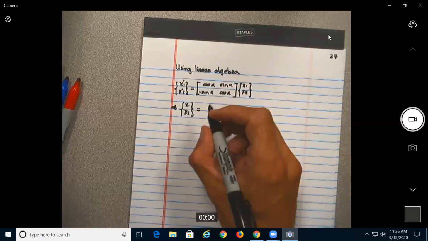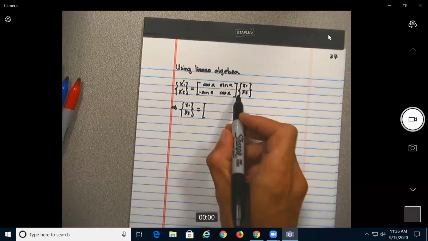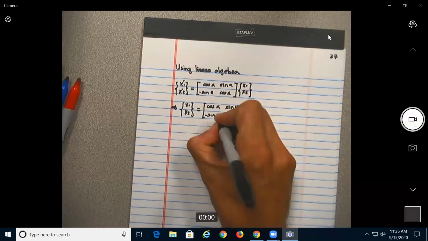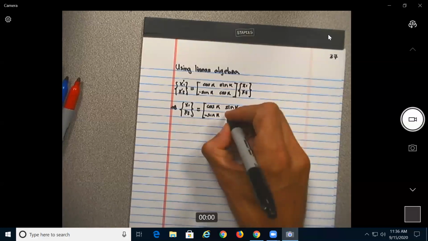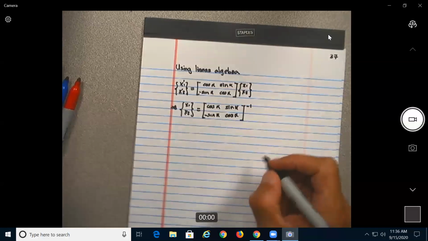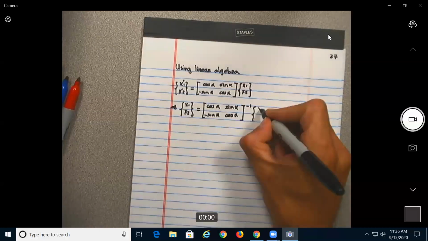To the inverse of this matrix times x prime 1, x prime 2. So this will be cos alpha, sine alpha, minus sine alpha, cos alpha, to the power minus 1. We move this one to the other side, and this should be x prime 1, x prime 2.